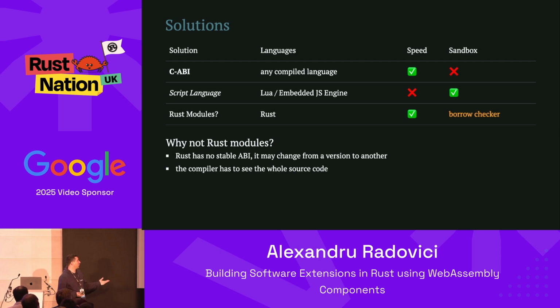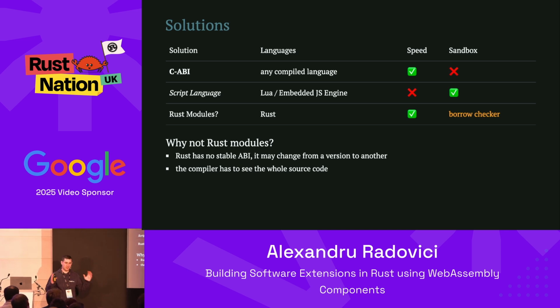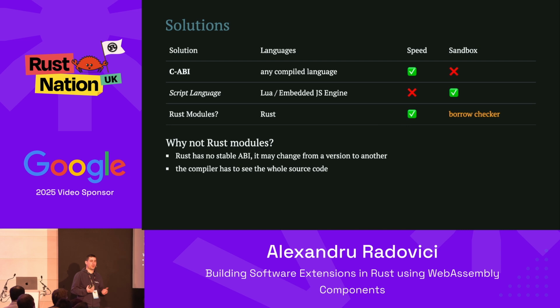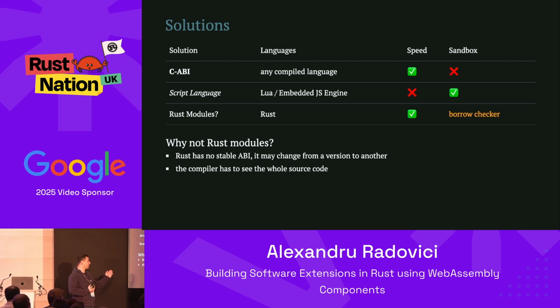And the question that we have is, is there any way to write Rust modules? And the answer is, they're fast. They're kind of sandboxed because you have a borrow checker, which usually should agree with you that your extension doesn't do really bad things. But the problem with Rust is it has no stable ABI. So while the type system and everything is super nice, and it's a huge improvement from what we had before, it can't export it.